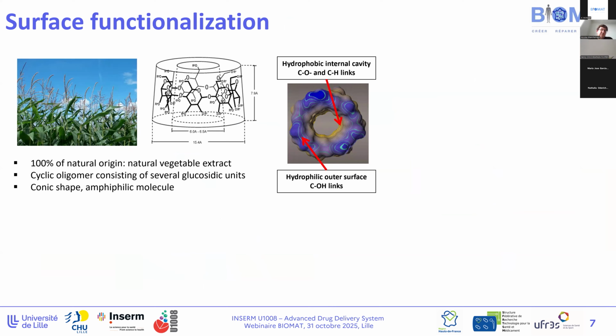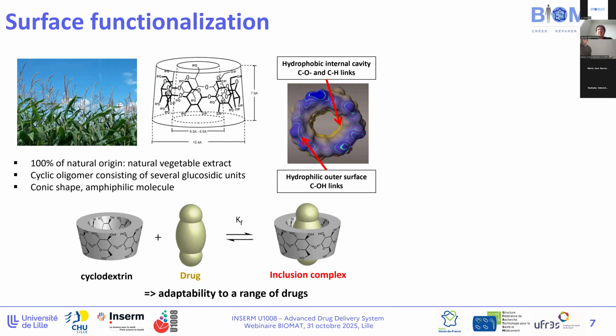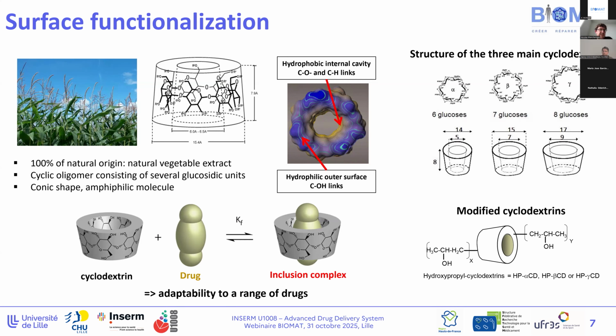Cyclodextrin has a hydrophobic cavity, so some hydrophobic drugs can be entrapped and then released after implantation in a patient. We have different kinds of cyclodextrin, so we can choose depending on the size of the cyclodextrin. You have the alpha, beta, and gamma cyclodextrin, but also some modified cyclodextrins, for example, the hydroxypropyl cyclodextrin, which is the cyclodextrin that we use in the lab.